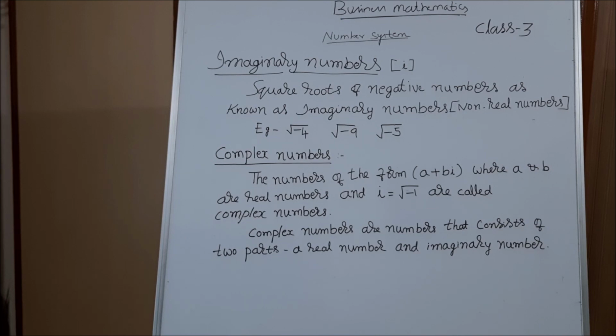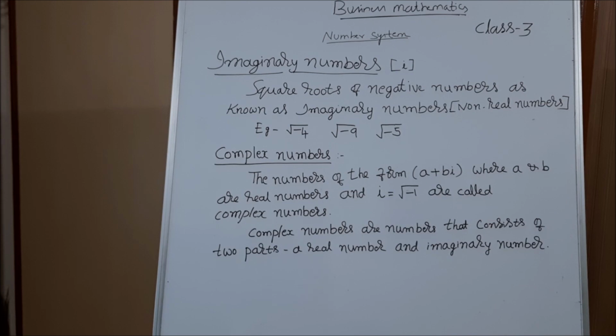After real numbers, we have another 2 types of numbers, that is imaginary numbers. It is denoted as small i. Square roots of negative numbers are known as imaginary numbers. Examples: root of minus 4, root of minus 9, root of minus 5. Can you have a square root for plus 9?